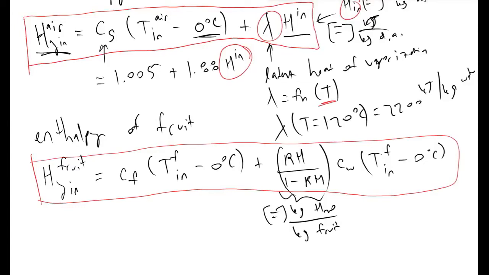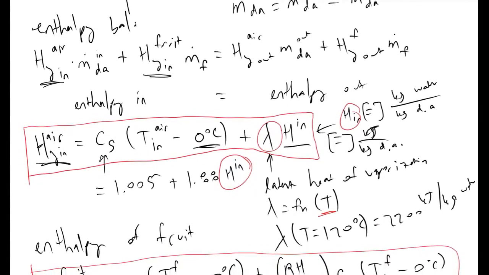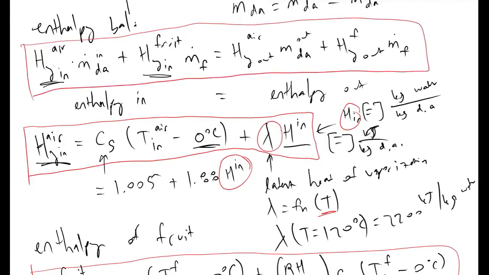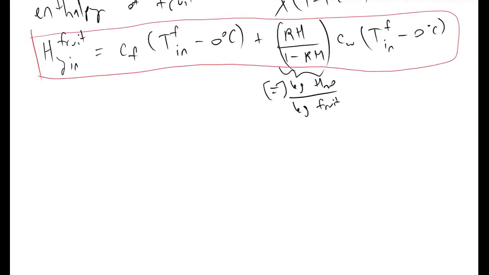So if we now go back up to our equation, our overall enthalpy balance equation, we will plug in all of these quantities that we've just derived, and now perform a mass balance on the water. And because we know that we are not creating or destroying any mass in our system, the mass balance will tell us that the water in must equal the water out.